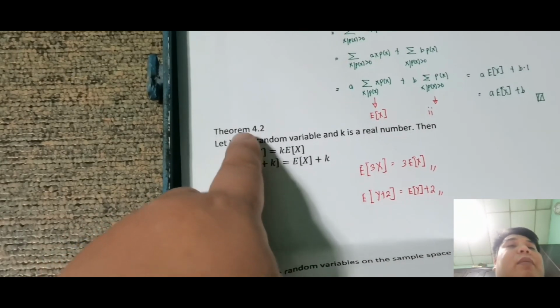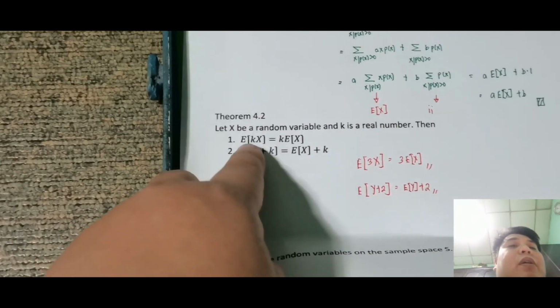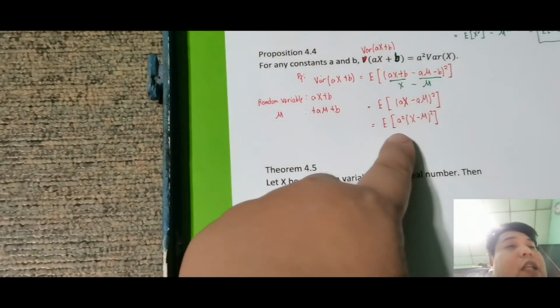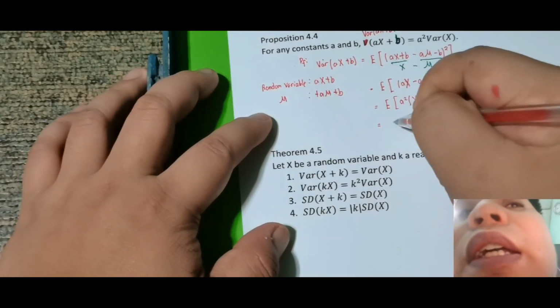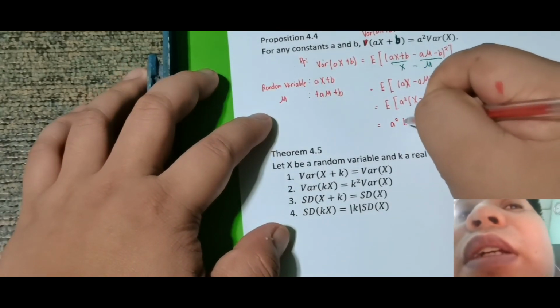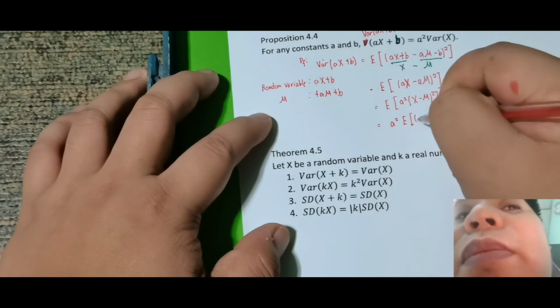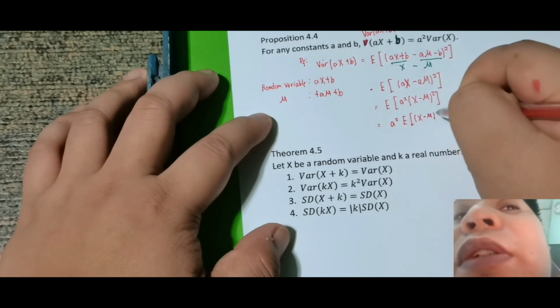By theorem 4.2.1, pag meron akong constant, lalabas lang siya. So, alam natin na constant na lang yung A square na yan. So, lalabas na lang siya dyan. So, this is just equal sa A square multiplied by the expected value of X minus mu square.